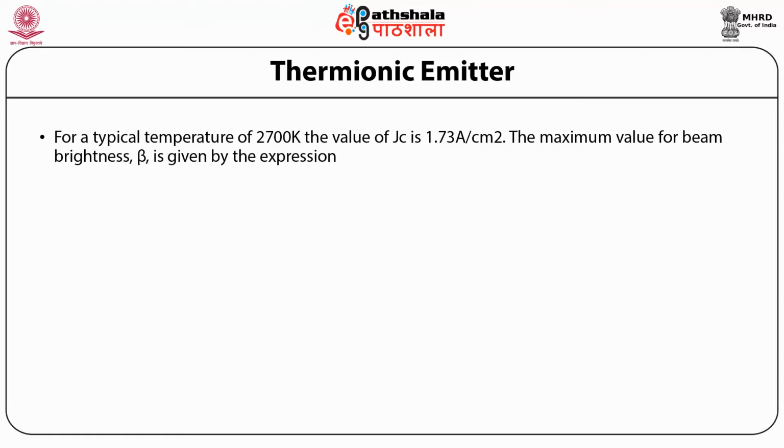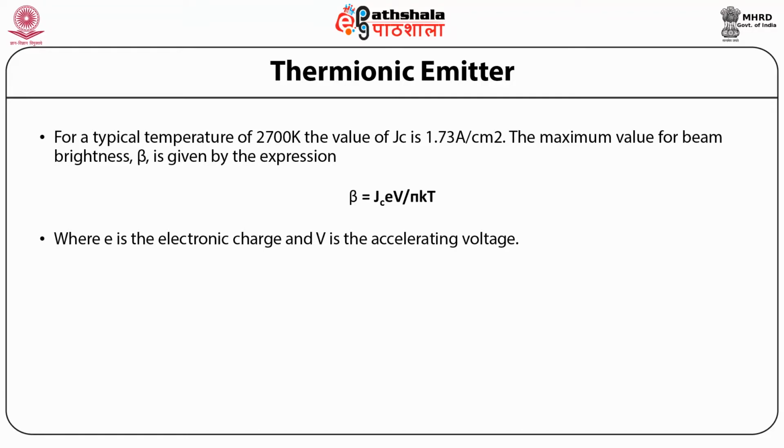The maximum value for beam brightness, that is beta, is given by the expression beta is equal to Jc eV by pi kT, where e is the electronic charge and V is the accelerating voltage.